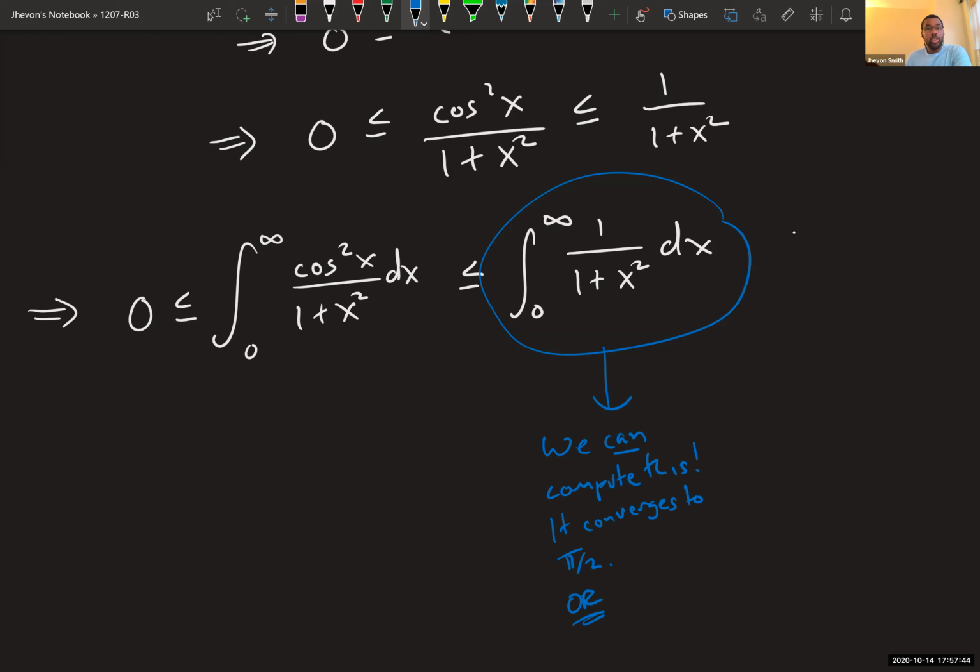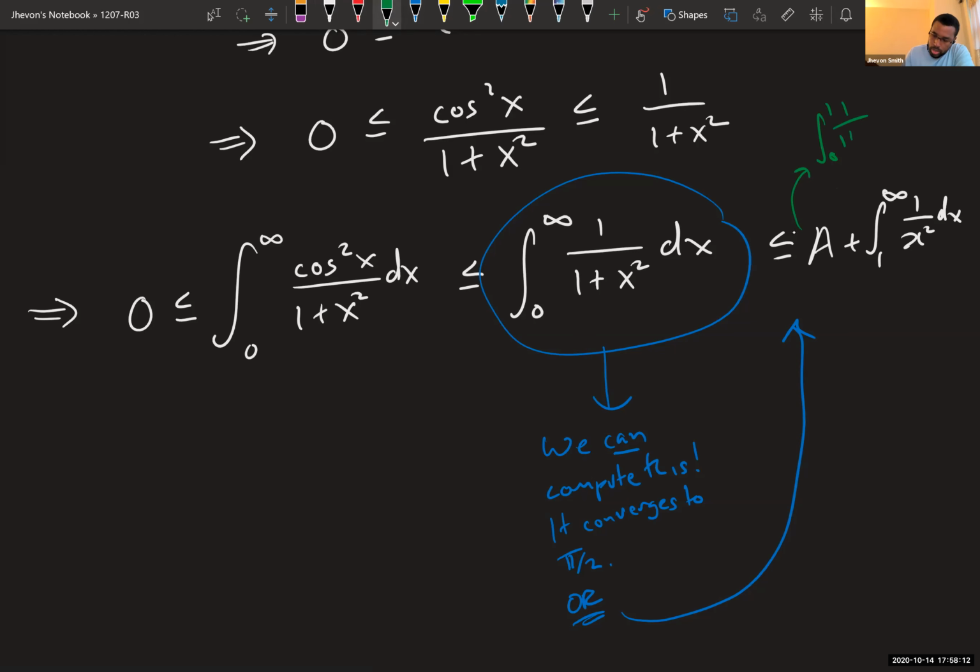Or you can even take it a little bit further and just actually compare that one to, say, some constant plus the integral from 1 to infinity of 1 over x squared dx, where this constant would represent just the integral from 0 to 1 of 1 over 1 plus x squared, which we would know that actually does converge.